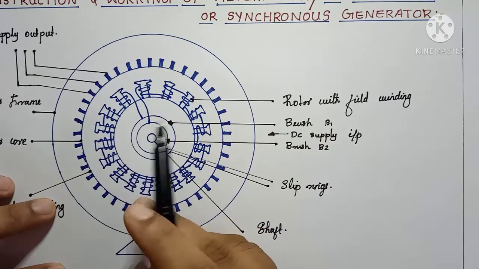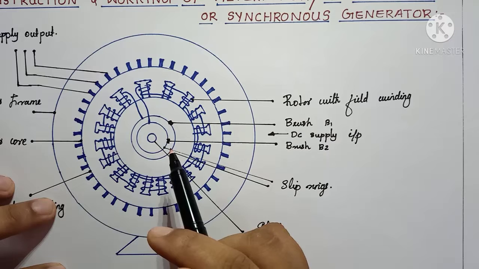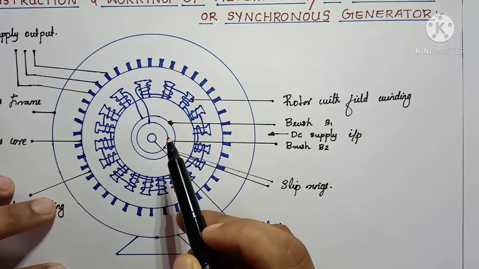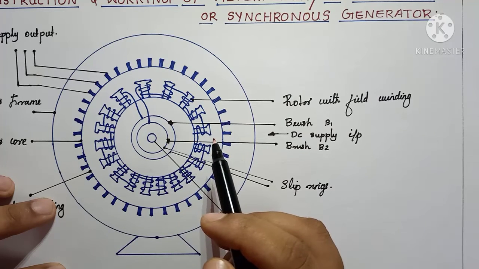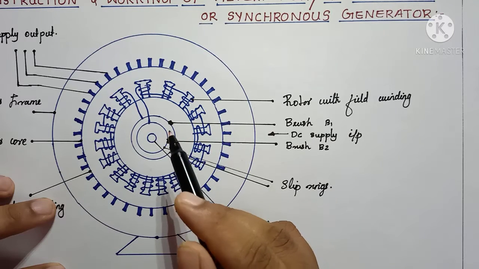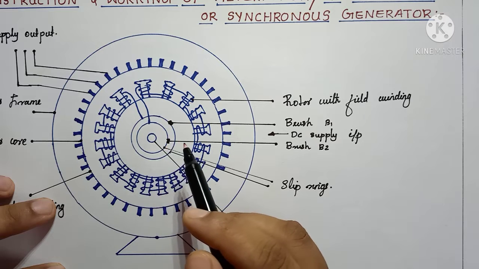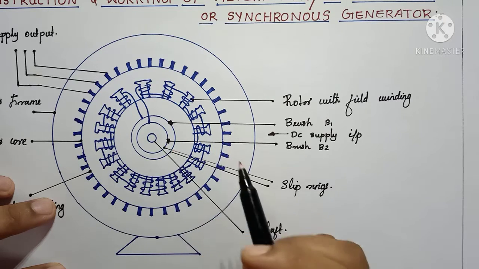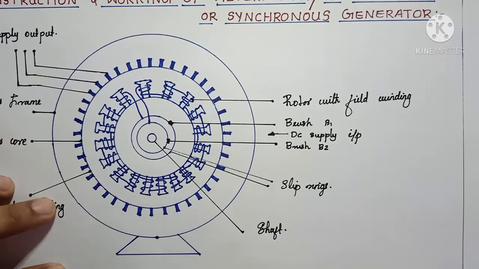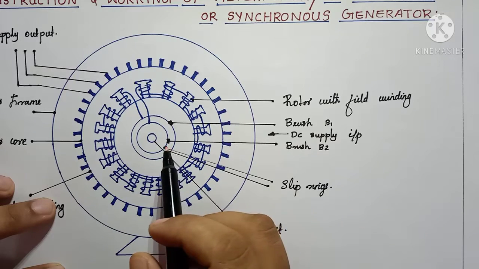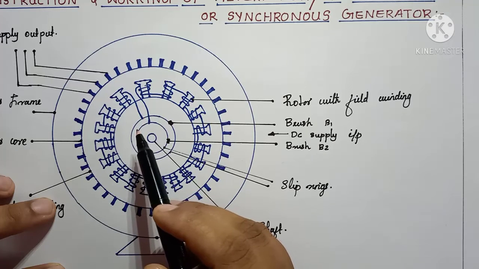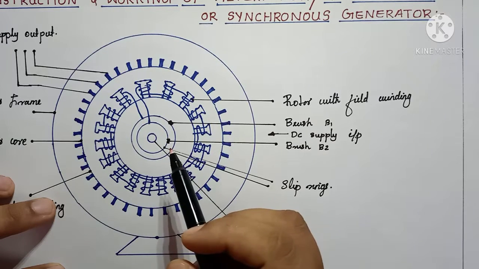Slip rings are made of gold or silver copper materials, and they are connected with two brushes. Brushes are made of carbon or graphite, and the function of the slip rings and brushes is to provide DC excitation to the rotating magnetic field, that is, to the field windings.